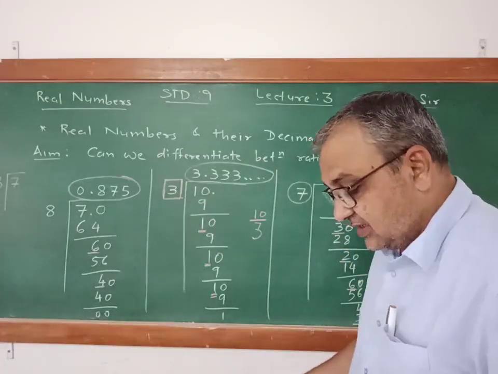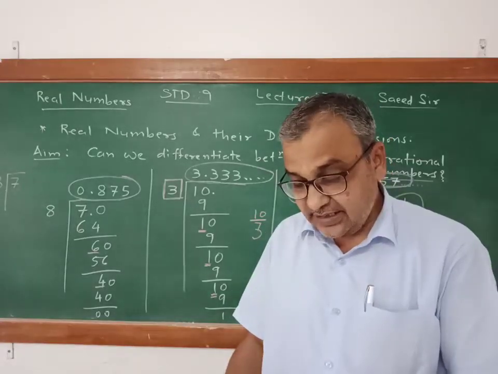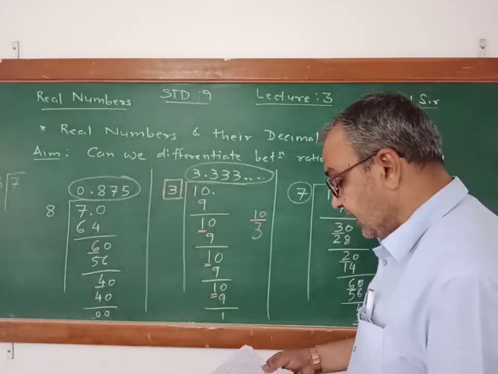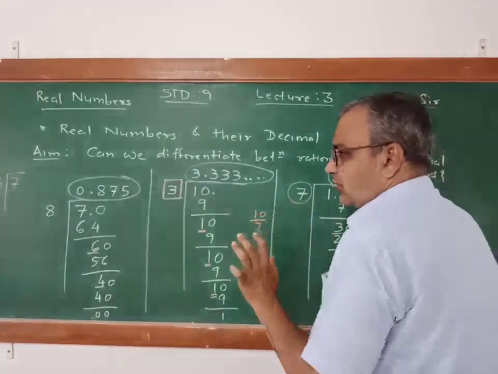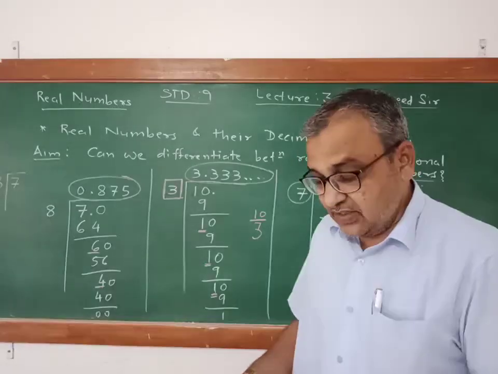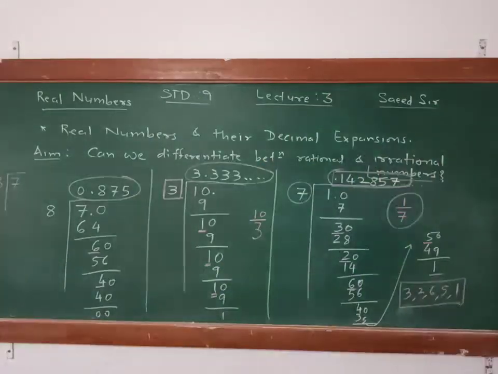And the third thing: if the remainder repeats, रिमाइंडर रिपीट होता है, then we get a repeating block of digits in the quotient. So these are the three things we need to consider in these examples.